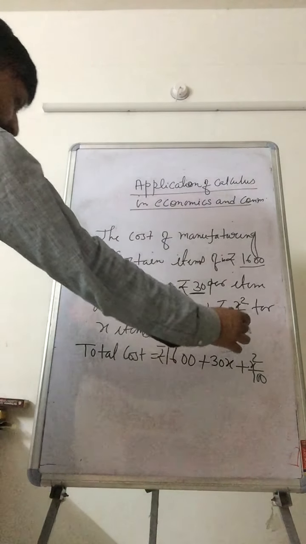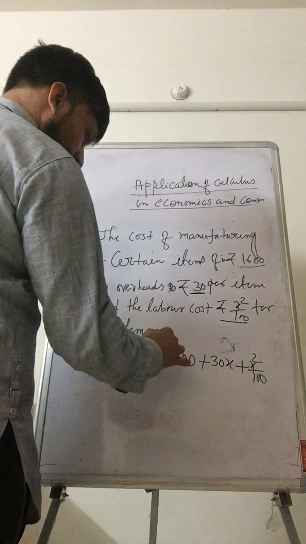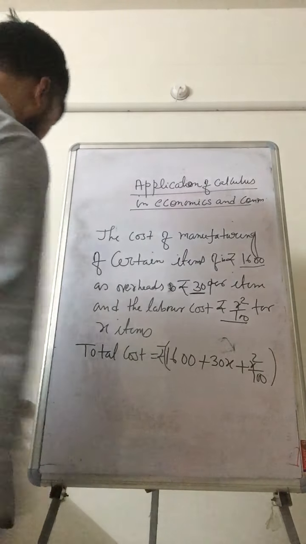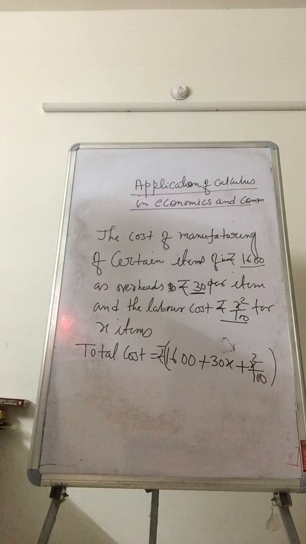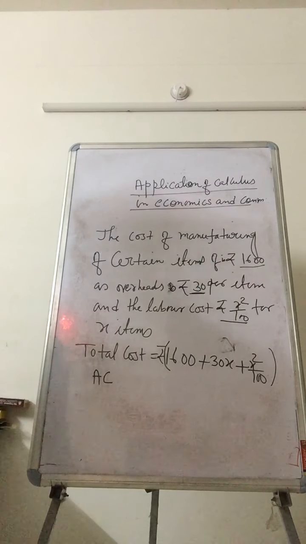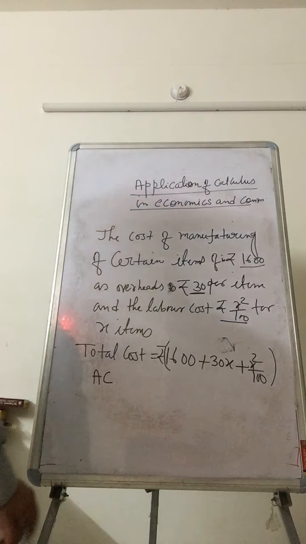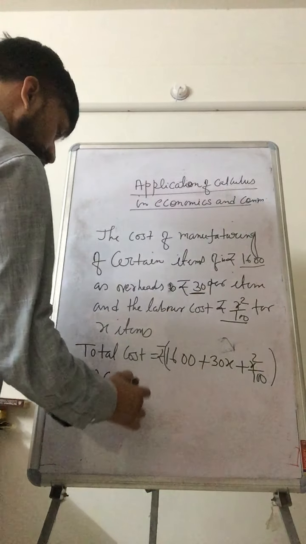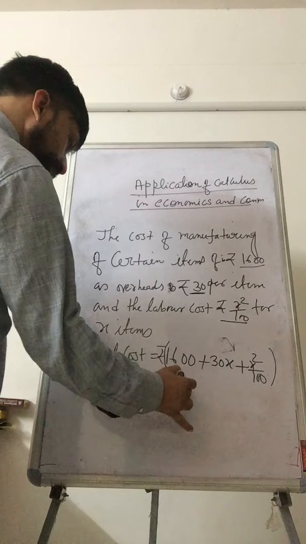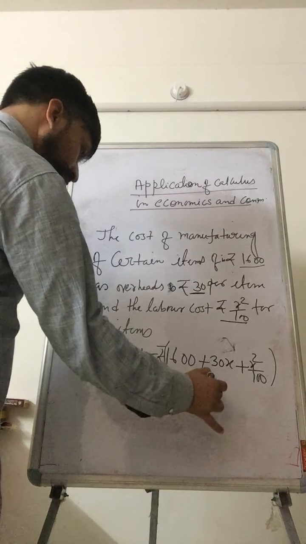So everything we can write in a bracket, that will be better, because all are in rupees. Then average cost, that is AC, will be this total cost divided by number of items x.